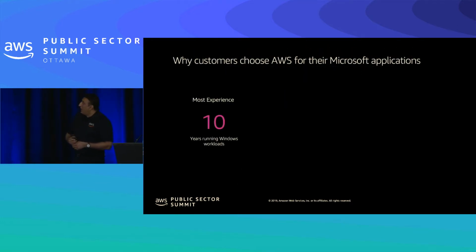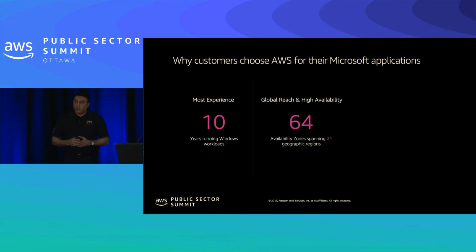So why do customers use AWS for Microsoft applications? We have the most experience in doing this. We've been hosting Windows tenants since 2008, more than 10 years running. We have the scale of our global infrastructure.